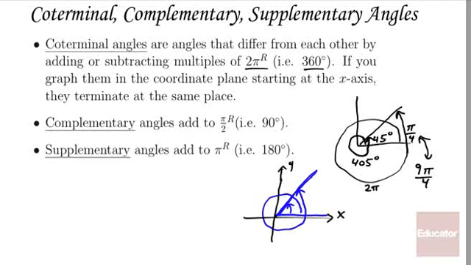A couple other definitions we need to learn. Complementary angles are angles that add up to being a right angle, in other words 90 degrees or pi over 2. So if you have two angles, like these two right here, that add up to a right angle, 90 degrees or pi over 2, those are complementary.